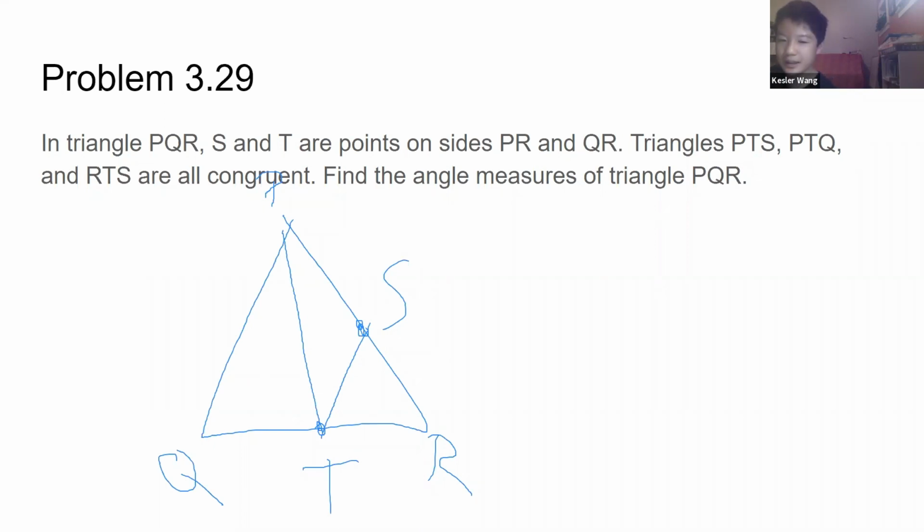So it says find the angle measures of triangle PQR. Couldn't it just be an equilateral triangle? Wouldn't that make it a little bit easier? I'm just saying, with this information, I think you would have to try to prove if it's equilateral or not.